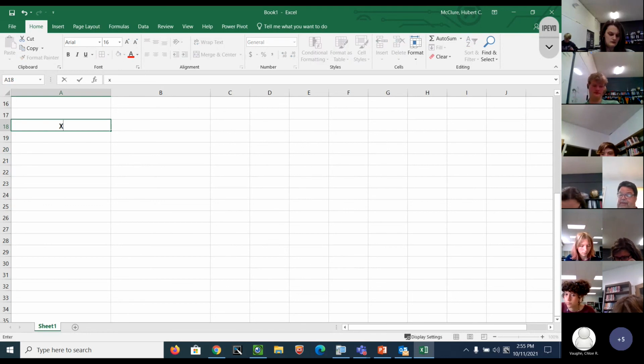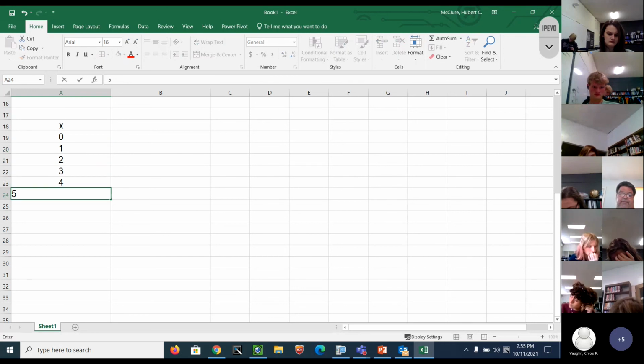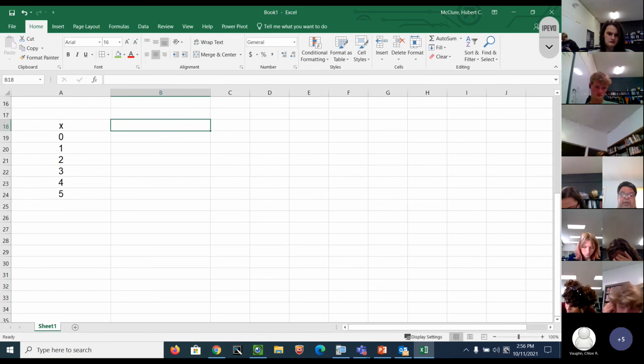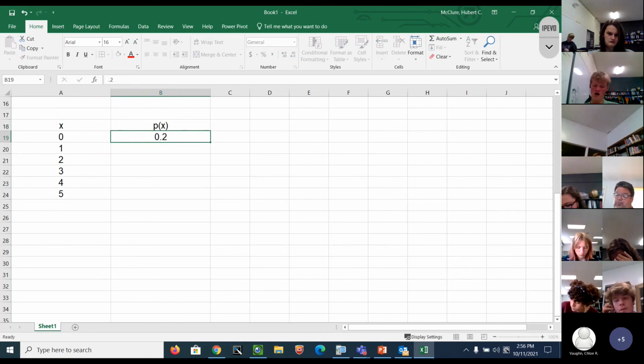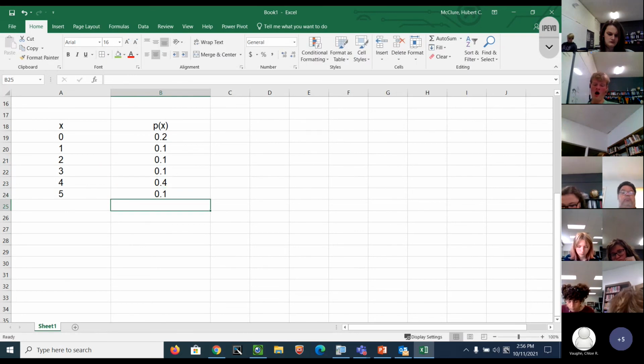Probability, the event, 0, 1, 2, 3, 4, 5. Probability of X: 0.2, 0.1, 0.1, 0.1, 0.4, 0.1. Check to make sure everything's there.